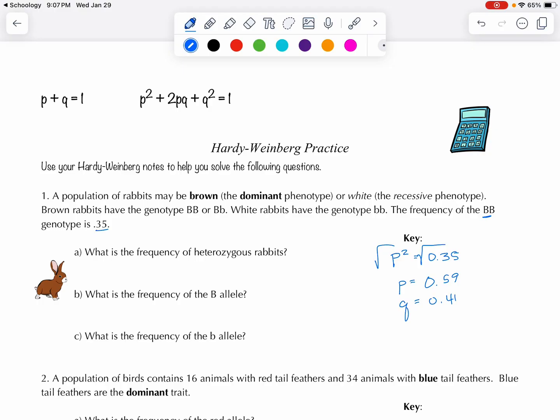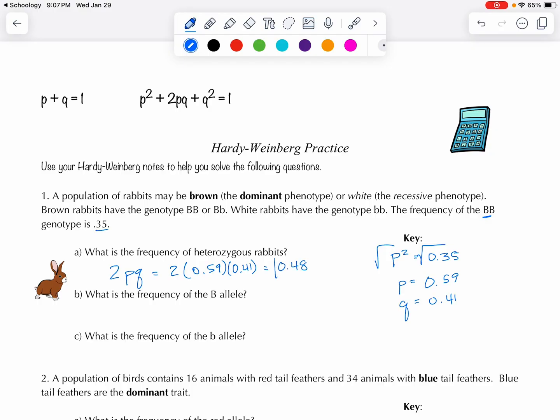What is the frequency of heterozygous rabbits? Heterozygous in Hardy-Weinberg is 2pq. So that's going to be 2 times p, which is 0.59, times q, which is 0.41. If I do that, I got 0.48.